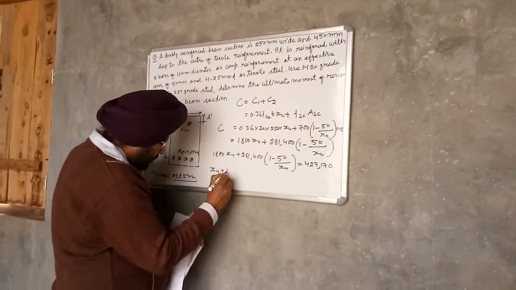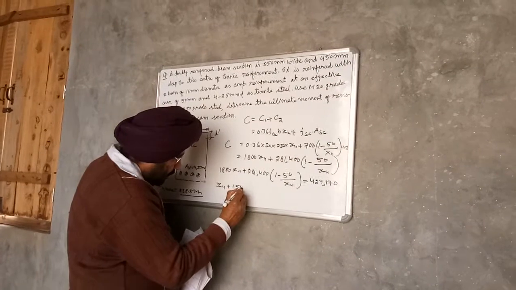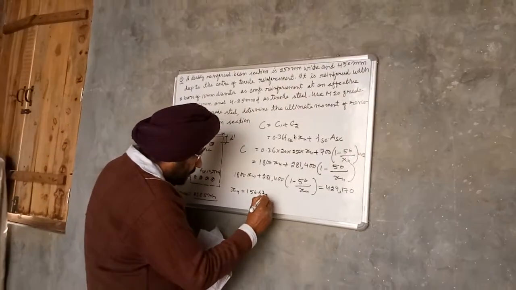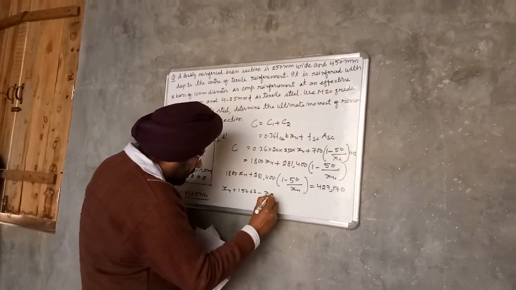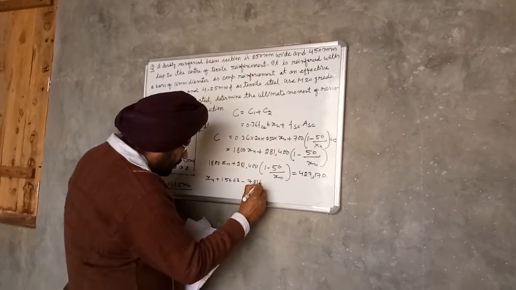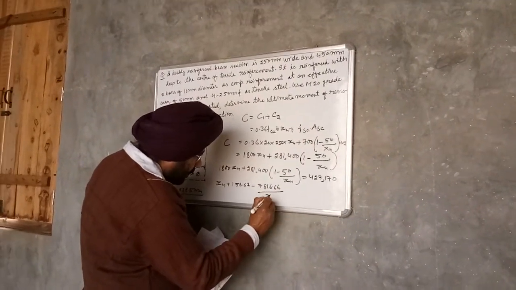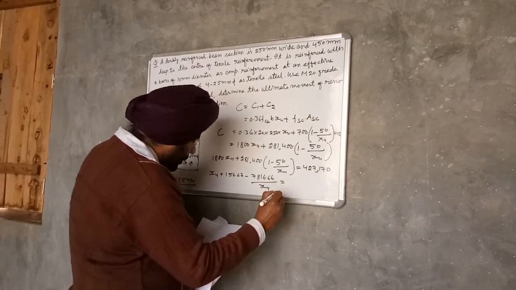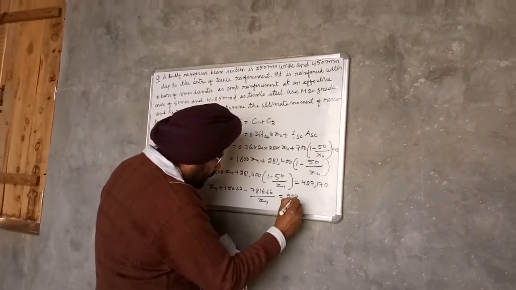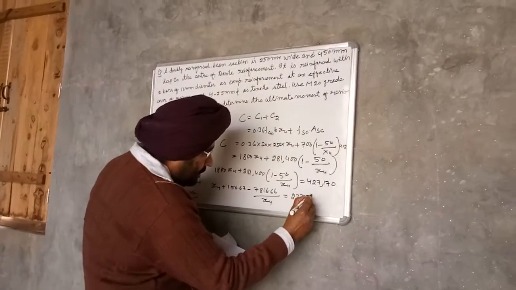Dividing throughout by 1800, we get XU plus 156.63 minus 7816.66 upon XU is equal to 237.31.